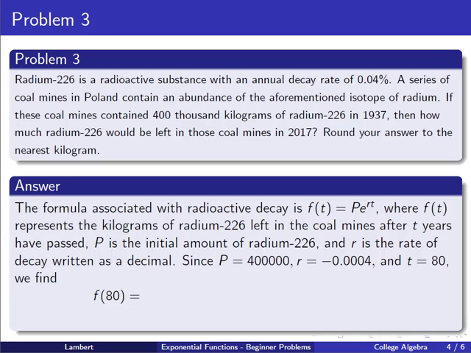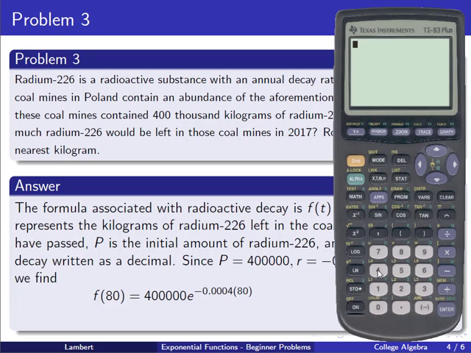So now we're ready to plug into our equation, and we get 400,000 e to the negative 0.0004 times 80, where the 80 is also up in the exponent. And in order to calculate, we need a calculator to get our answer. And luckily we have our calculator right here.